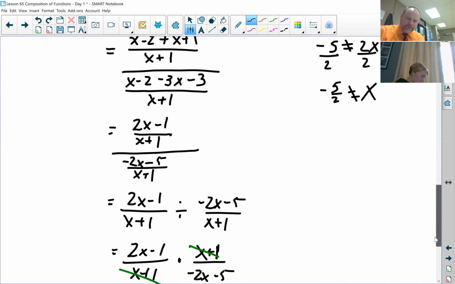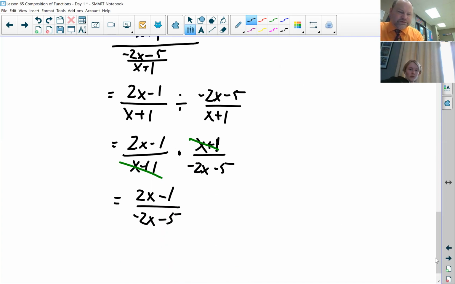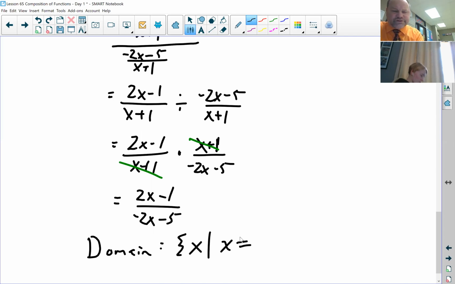And I think what you'll see is the -5/2 would make the result of our composition 0. So again, in set builder notation, all X such that X is not -1 or -5/2.